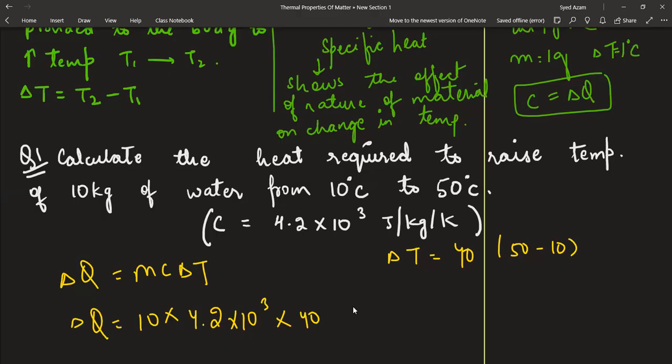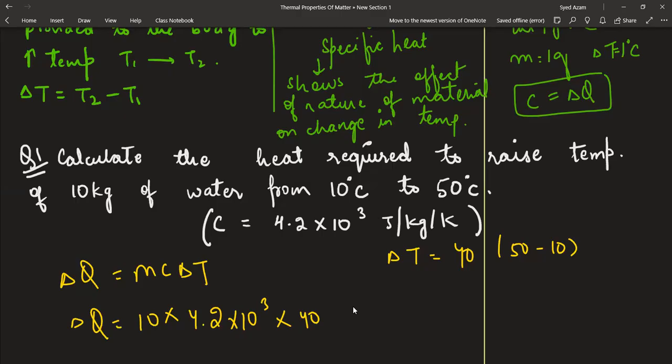So whenever you have heat, your delta Q should be there in your mind. As soon as you see delta Q, it means you're talking just about the heat. So these should be very, very clear to you.